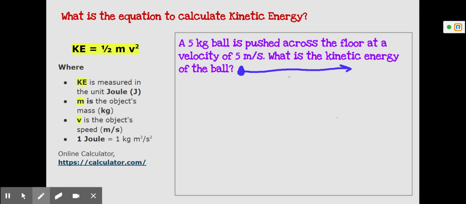Kinetic energy is energy of motion. The greater the speed, the greater the kinetic energy. We use the equation kinetic energy equals 1/2 mv squared to find the amount of kinetic energy.